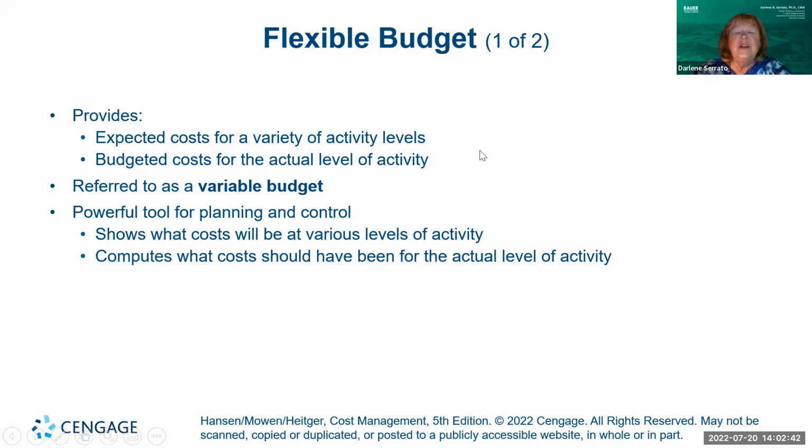By definition, a fixed cost does not change with changes in activity. Variable cost per unit does not change with changes in activity, but variable cost in total do change. So when we are doing the flexible budget, the variable costs are changing, the fixed costs are going to stay the same.